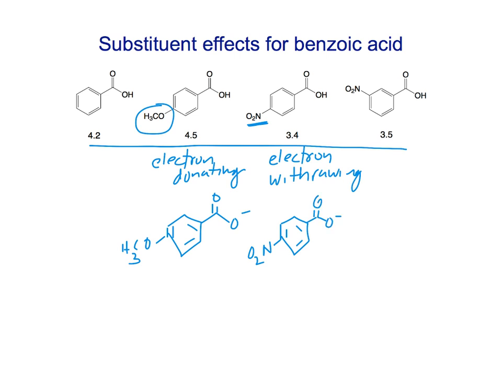And we talked a lot about how these types of groups can donate their electrons into the ring and give all this extra resonance, or withdraw electrons from the ring. So can either of these groups attached to the benzene ring help share that minus charge on the carboxylate through resonance?